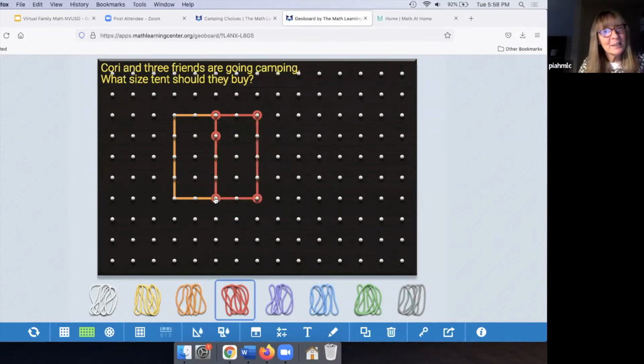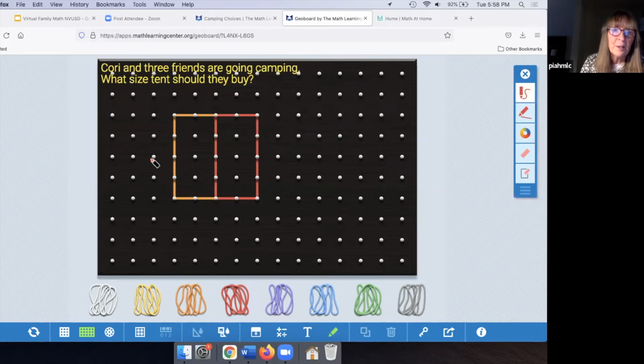And then again, they can build it out as they're thinking about the area. How much space would be good? And then we can count 1, 2, 3, 4, the length here. So this would be a 4 by, and I think by the time we got done with all the friends, it would be a 4 by 8.